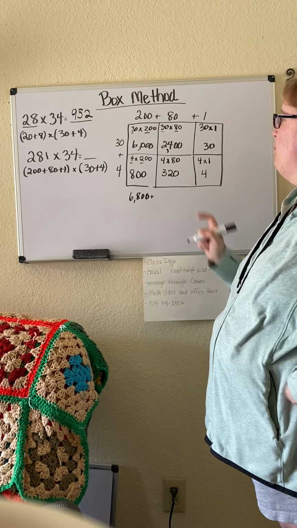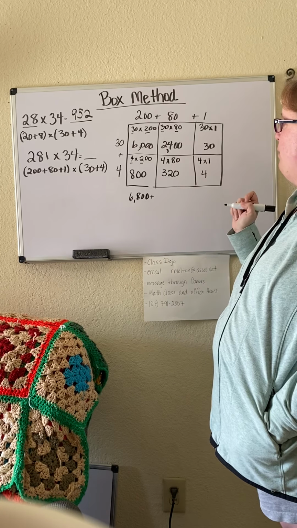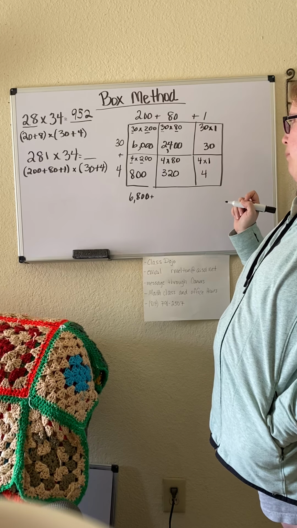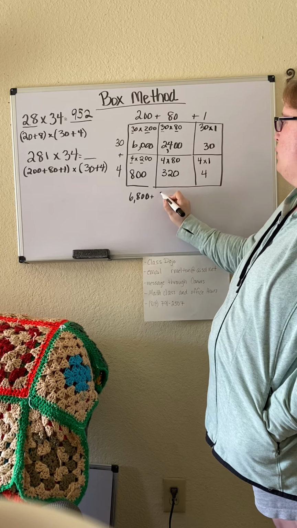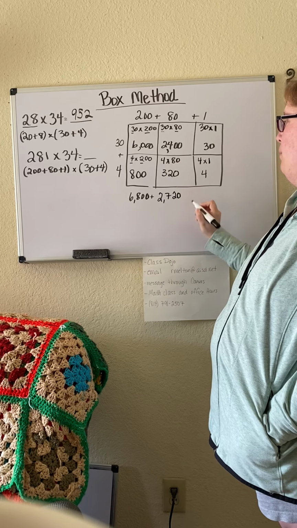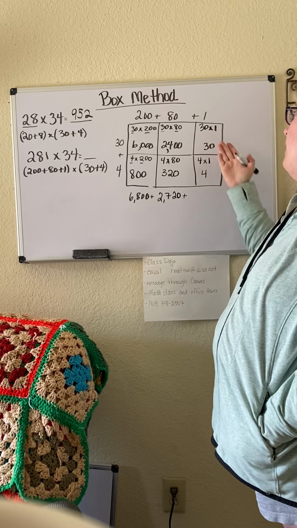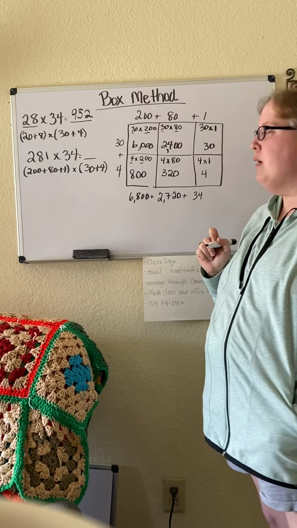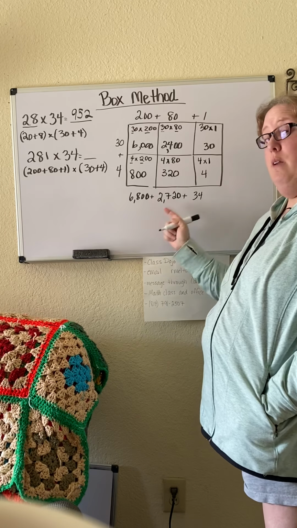Over here, 2,400 plus 320 is 2,720. And then 30 plus 4 is 34. Now I need to add all of these together.